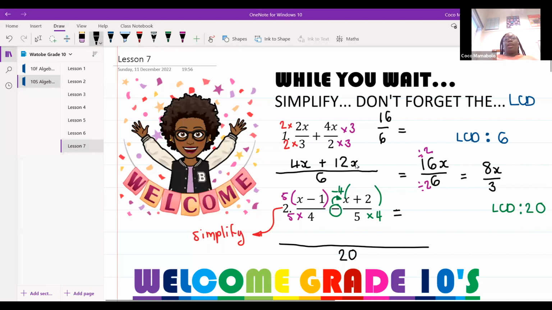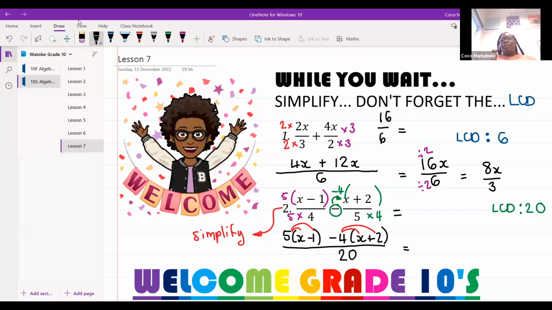Okay, so I'm going to end up with 5 multiplied by x minus 1, minus 4 multiplied by x plus 2. I'm just going to make this shorter. There we go. And then I'm going to distribute in. Distribute, distribute, distribute, distribute.